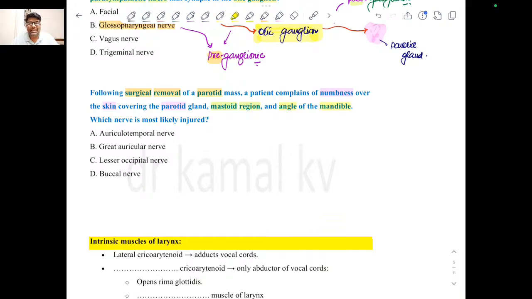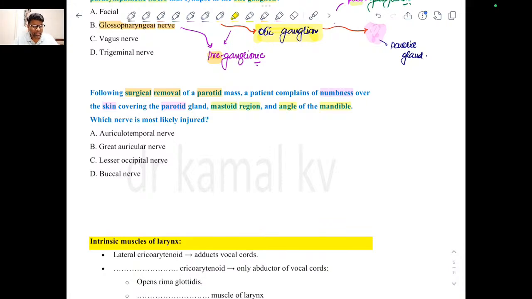Now which nerve is injured during surgery? I would seek your answer. This is a very basic question and we have already discussed it in the main theory part, and I think all of you can solve this. Just recall what we have discussed.